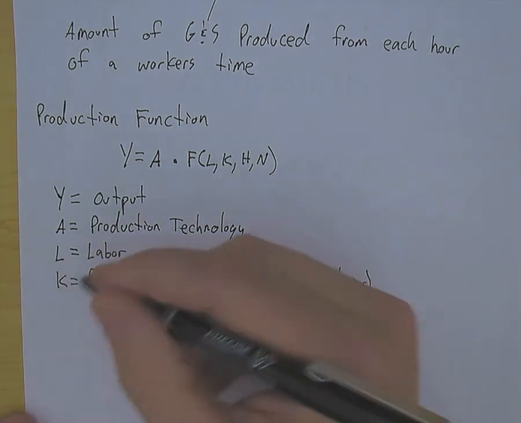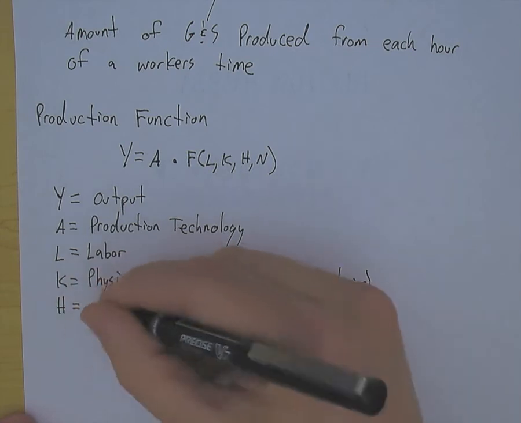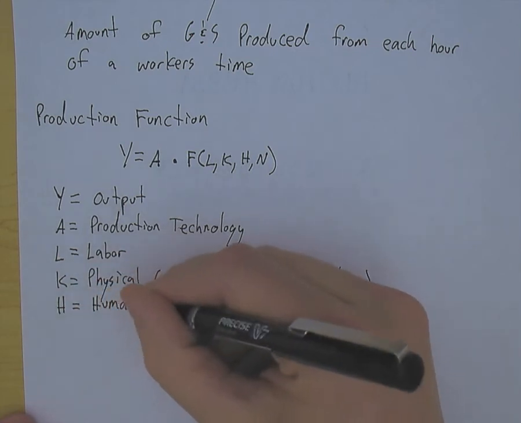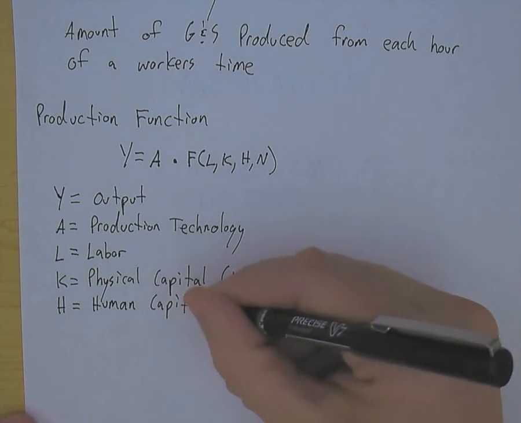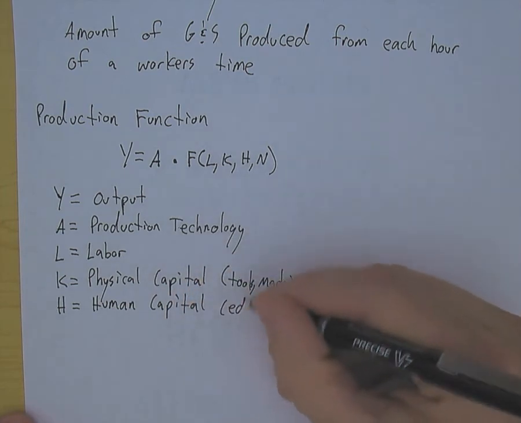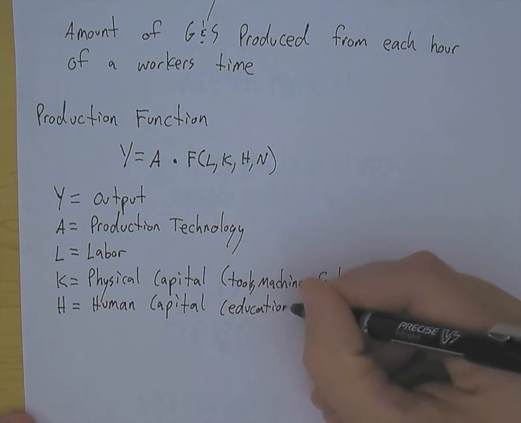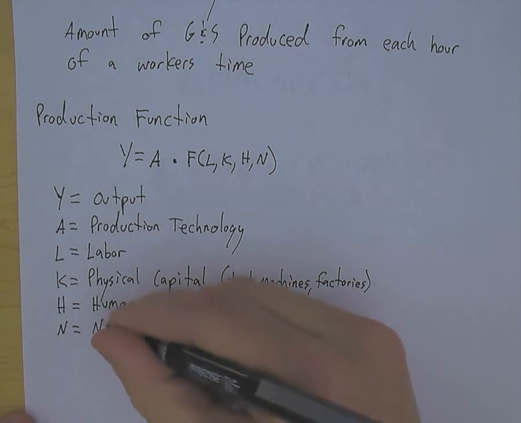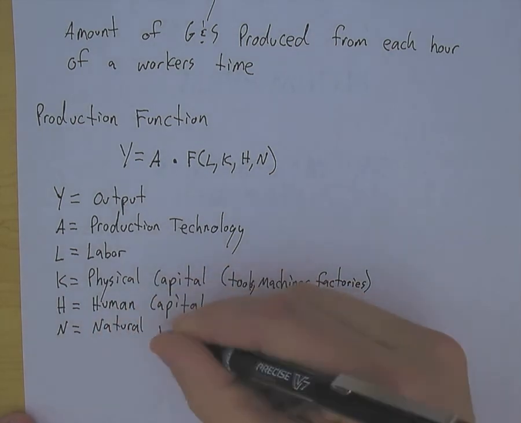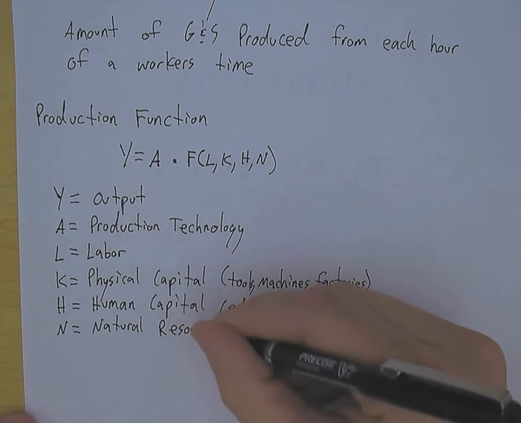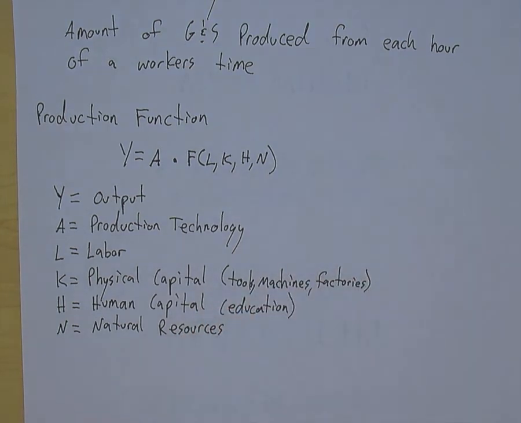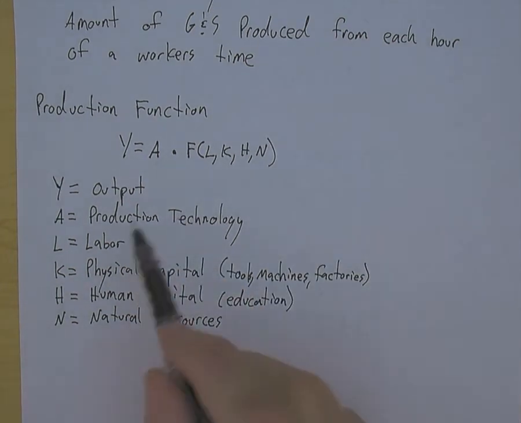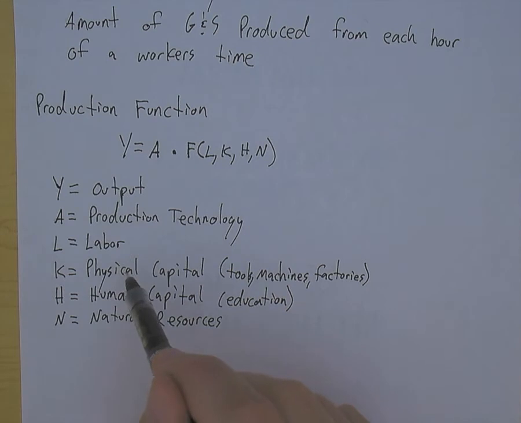We then have H, which is human capital. Human capital is education. And then finally we have N, which is natural resources. This is everything that goes into your productivity. The technology you use and how it's being used with labor, physical capital, human capital, and natural resources.